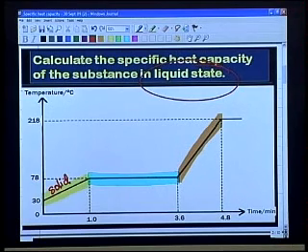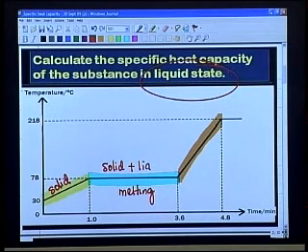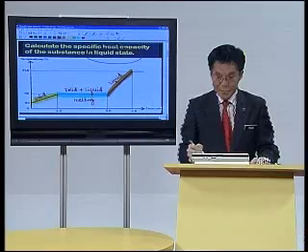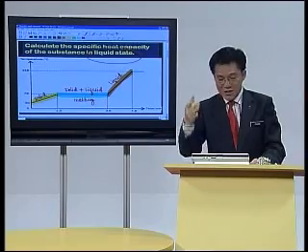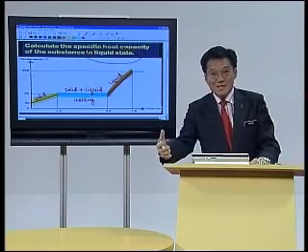The blue line is during the melting process, which means that it is in solid plus liquid. And the orange line sloping up, that is where it is in liquid state. So we are interested only in the liquid state.